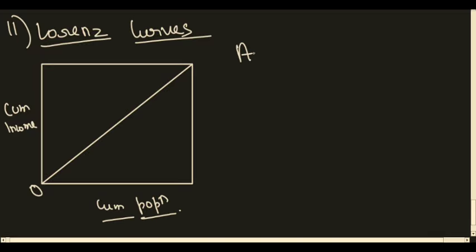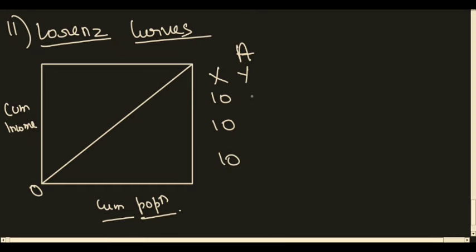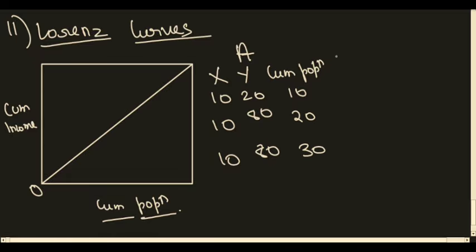For country A, let's draw the schedule. We have first X as the population, 10, 10, and 10, and incomes were 20, 80, and 80. So cumulative population is 10, 20, 30.